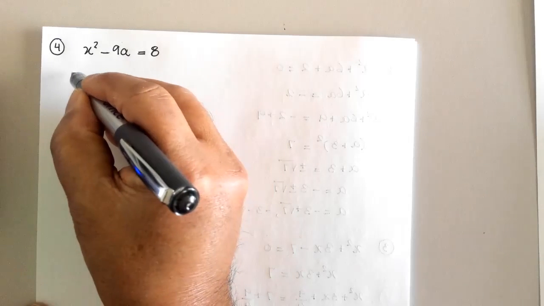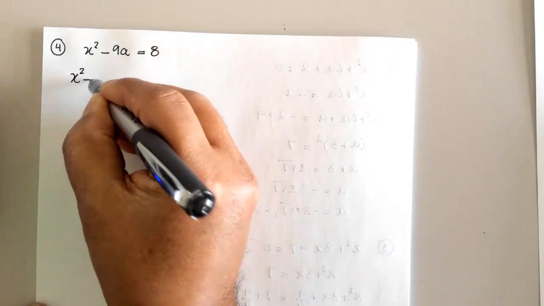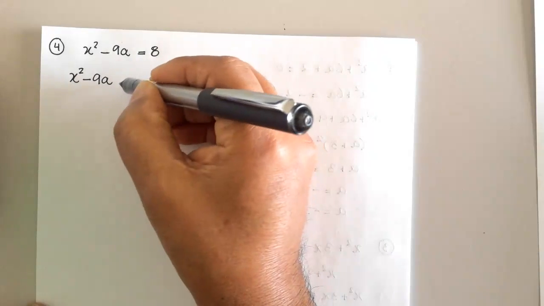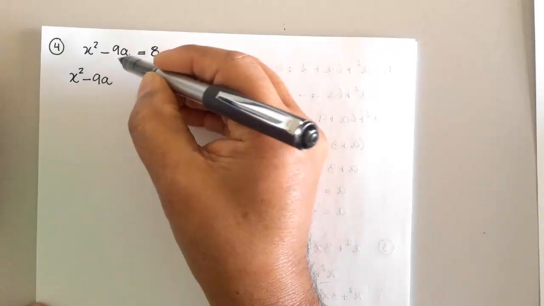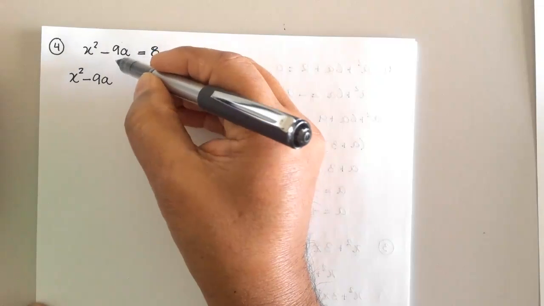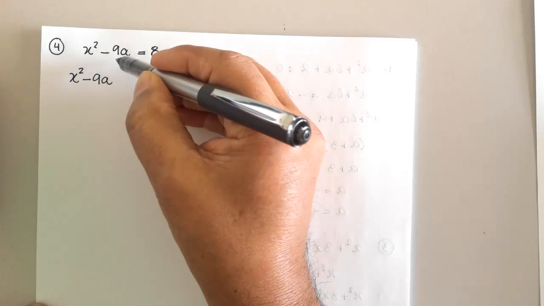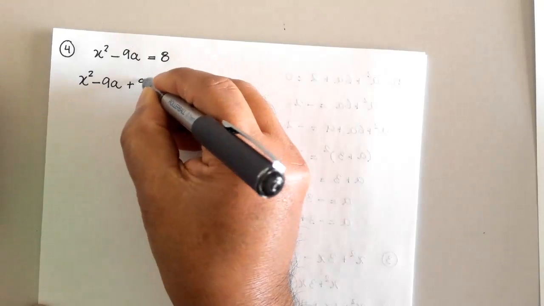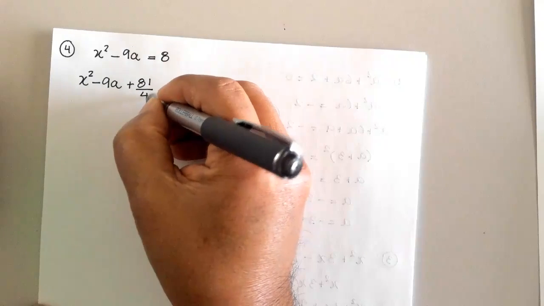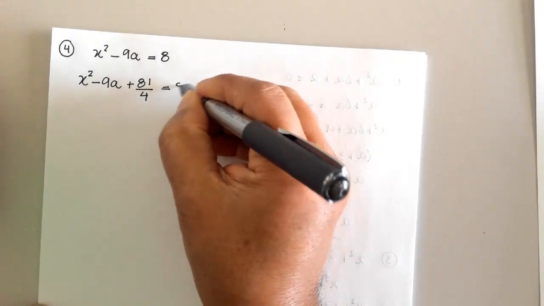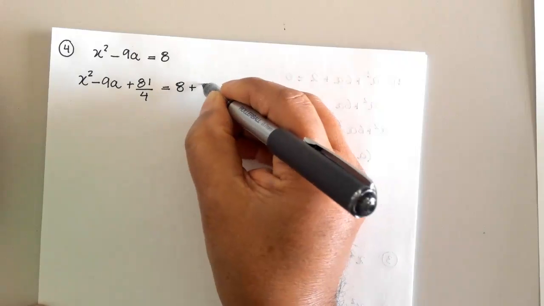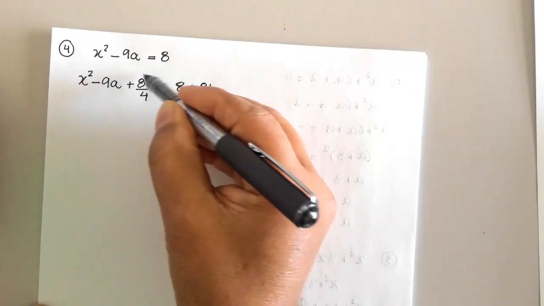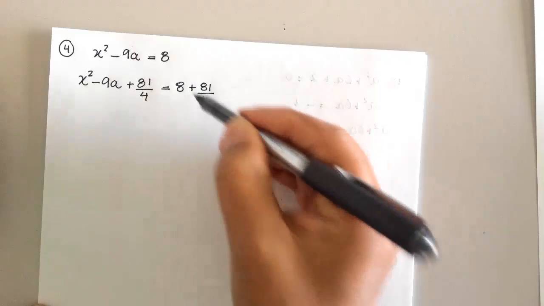So we've got x squared minus 9x, and then we're going to be adding the other term. So this is going to be 9 over 2, and when you square, it's going to be 81 over 4. So plus 81 over 4, and in here we're going to have a plus 81 over 4. So you can see we add 81 over 4 to both sides.